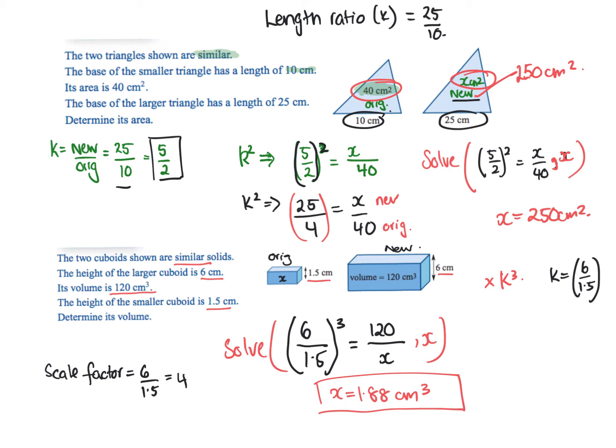So the new object, the biggest volume cuboid, is actually a size factor 4 times bigger. So its volume will actually be, if I cube that, because the big one's 120, this volume will be 64, 1 over 64 times smaller, because if we were going backwards. But you can just do it like this. Just be careful that the scale factor was actually 4 there. You'll have to simplify them when you're asked that.